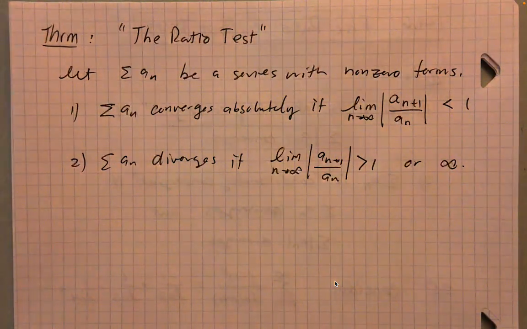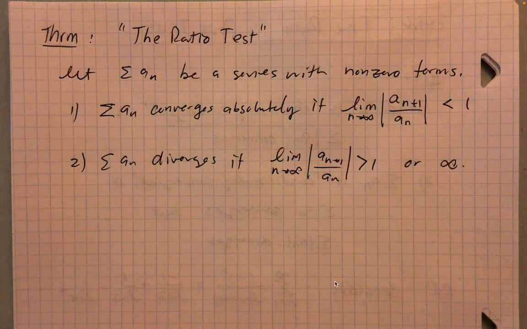If the limit is infinite or any value greater than 1, so basically anything other than 1 or less, if it's like 5, or 57, or 1,010,000, or infinite, then you're going to have divergence. The series a of n will diverge.